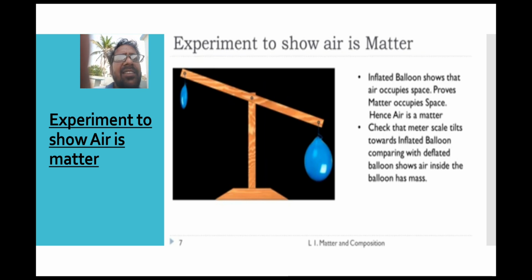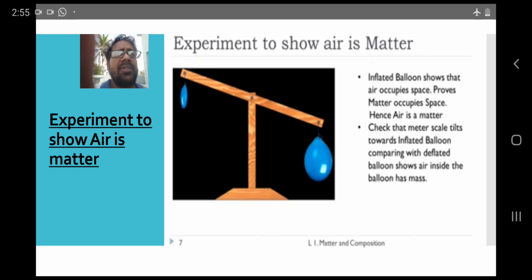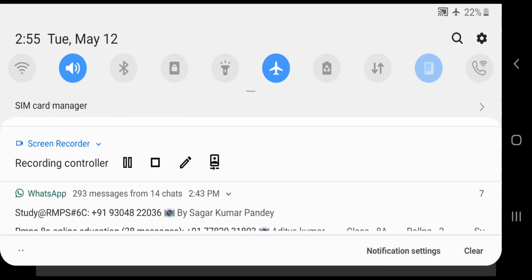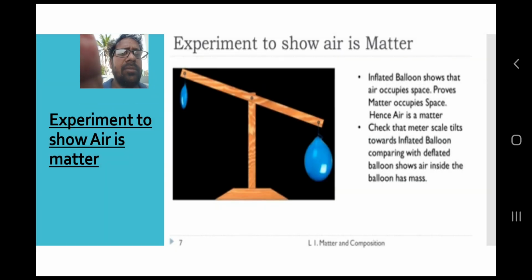You can see that the balloon which has air is heavier than the empty balloon, which means air has mass, not a very high mass. You can say air has mass, but it is negligible. But air can occupy space. It is very clear from this experiment that air has mass and occupies space.